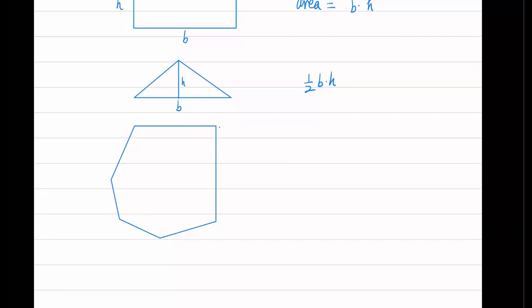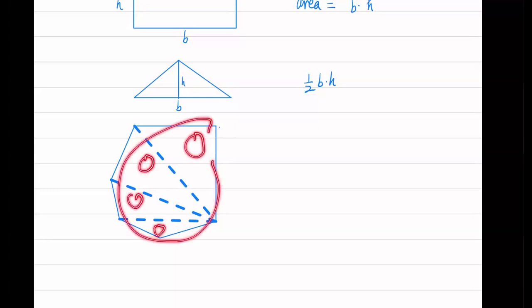So what we can do is partition this into triangles. We do the measurements, find the area of this one, the area of this one, then add them together and we find the area.